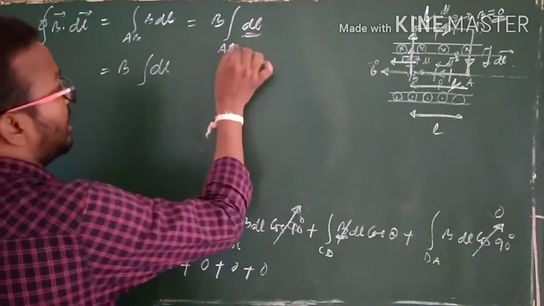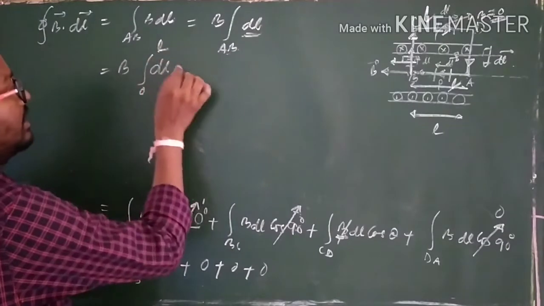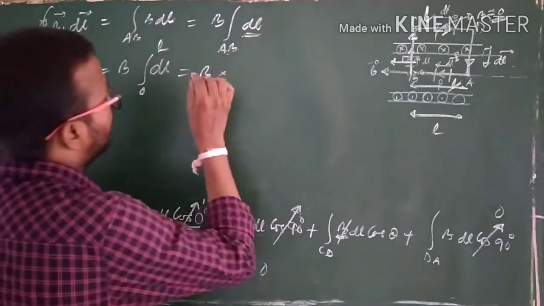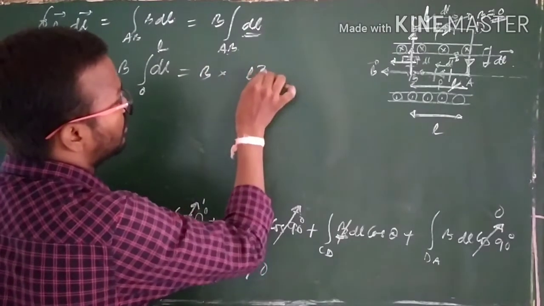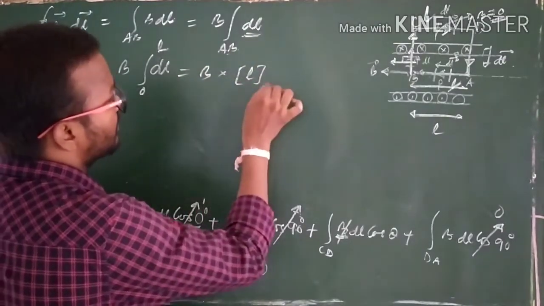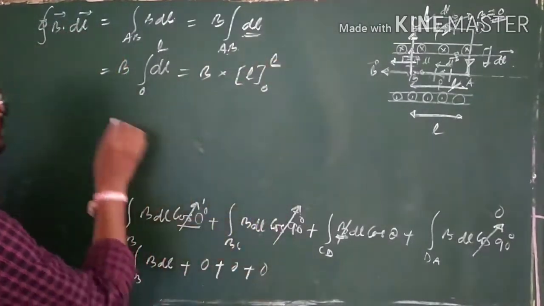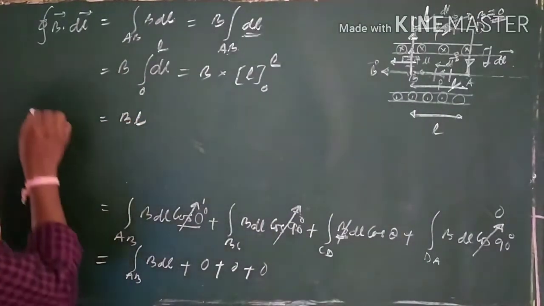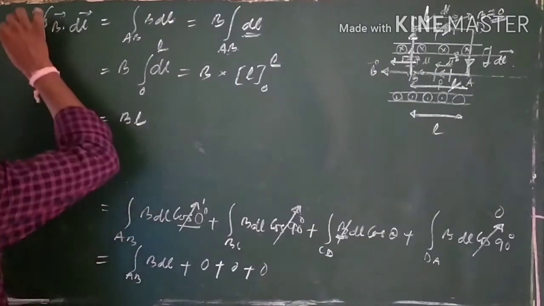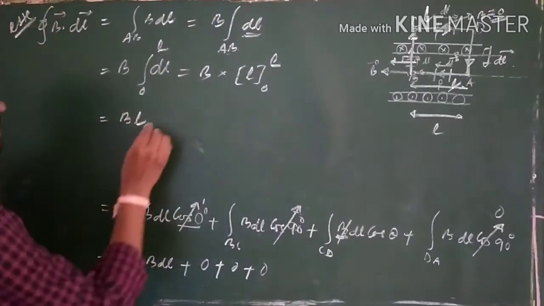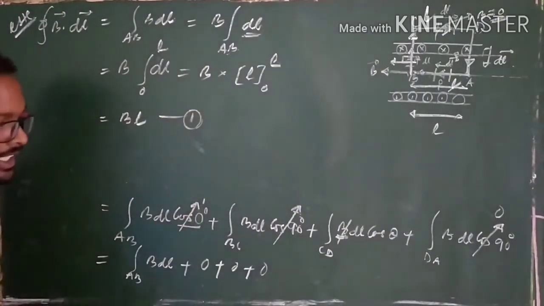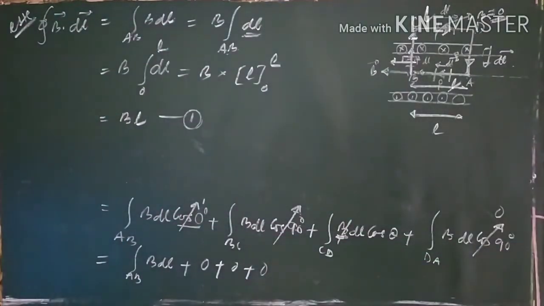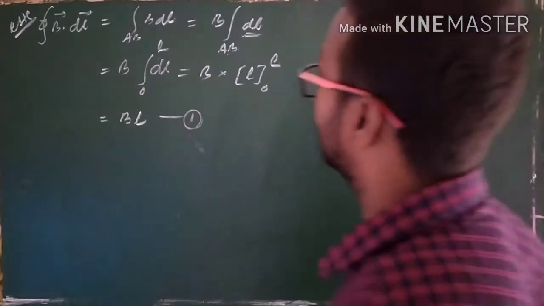So the integration from A to B is from 0 to L. Now the integration of dl from 0 to L is equal to L. So in total it is BL. Clear? Now this is the left hand side, LHS, equation 1.